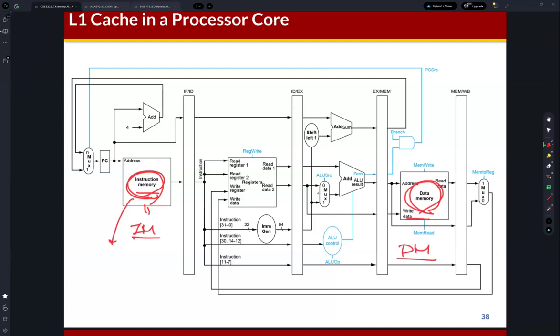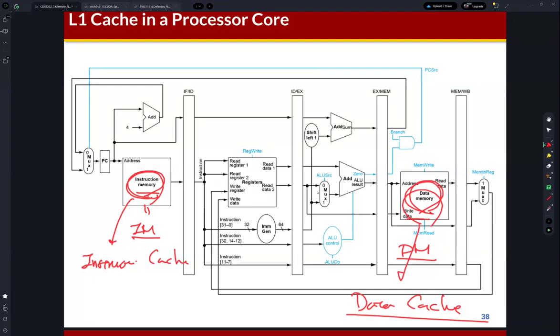This is the instruction memory, so actually this is the instruction cache. This is the data cache. These caches are close to a CPU, right? You can find these caches are in a processor architecture.